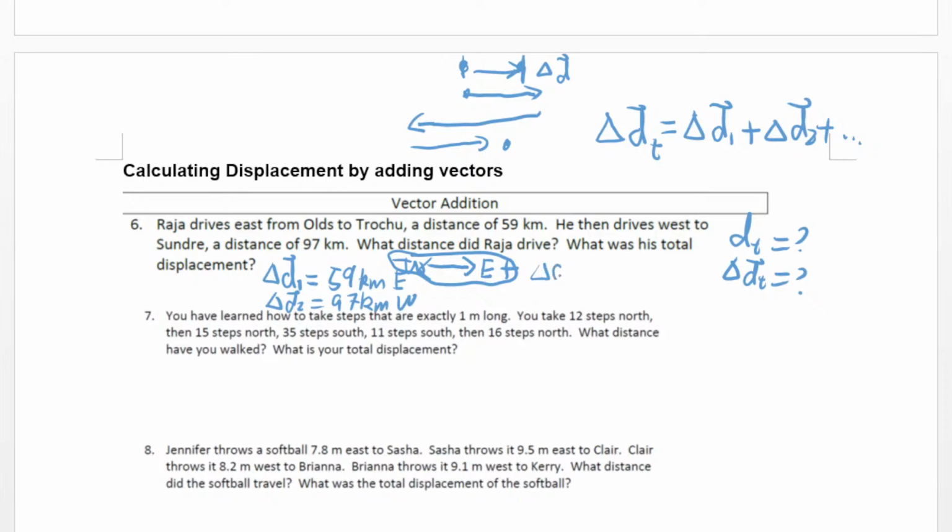Displacement total is displacement 1 plus displacement 2, which is 59 east, so positive 59 because that's east, plus negative 97. And then we're done. I'm trying to do this in my head quickly here.